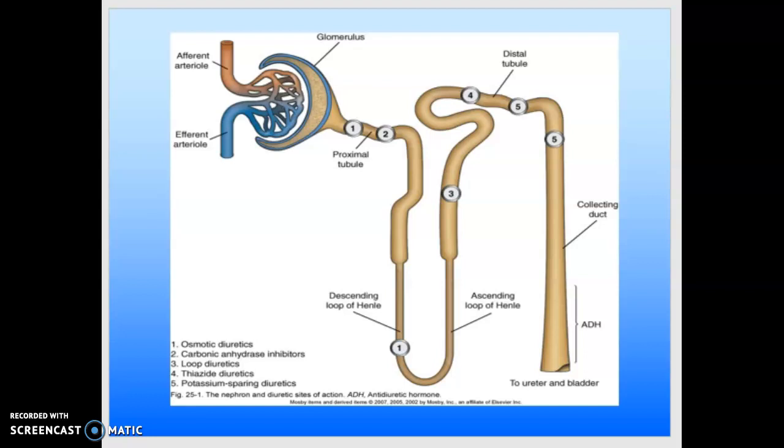So for every 47 gallons of water entering that filtrate each day, or about 180 liters, 45.5 are reabsorbed, leaving only about 1.5 liters to be excreted in the urine. Glucose, amino acids, and the essential ions like sodium, chloride, calcium, and bicarbonate are also reabsorbed.